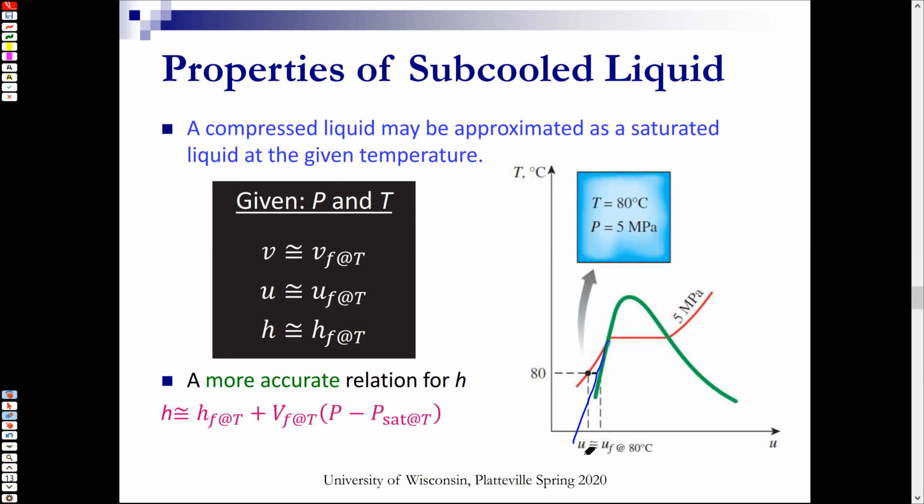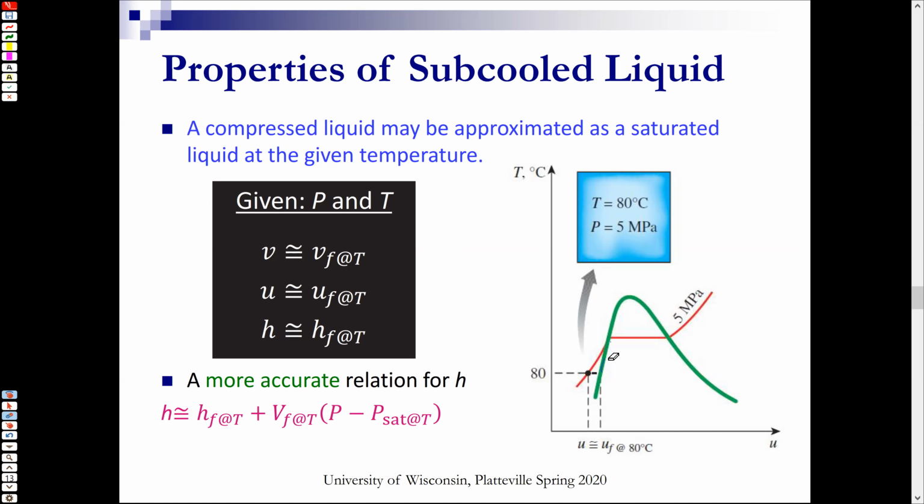For instance, the internal energy at this subcooled liquid can be estimated by the internal energy at 80 degrees Celsius on the saturated liquid line. That is what we are showing here, right?